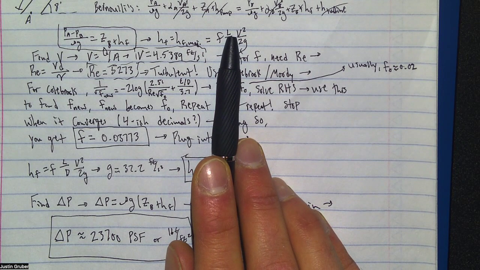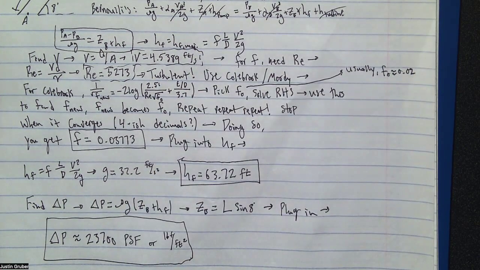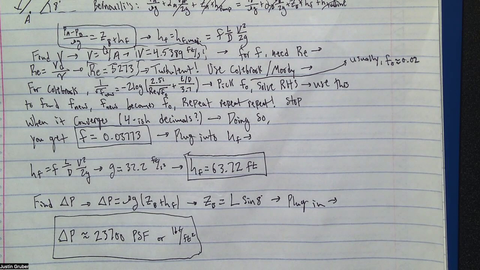If you have a really long pipe, you're going to have larger major losses. On the flip side, for the minor losses, it's those K_L loss coefficients multiplied by the velocity, v squared over 2g. So that's more a function of the bendiness of the pipe. If you have a really long straight pipe, you're not going to have really any minor losses.